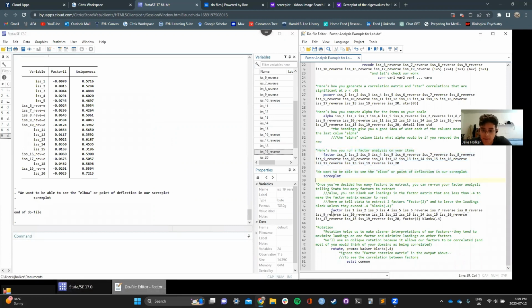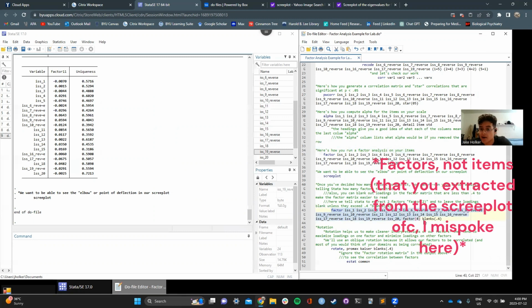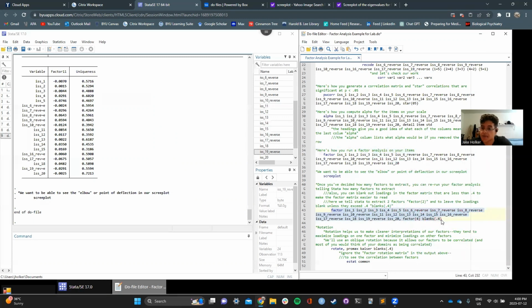All right, so now that we have that, we're going to rerun our factor analysis, taking into consideration how many factors we've extracted. So factor all of our items, and then at the end here, we're going to put factor and the number of factors, in my case 4, and just leave the blanks alone. It's going to be 0.4.